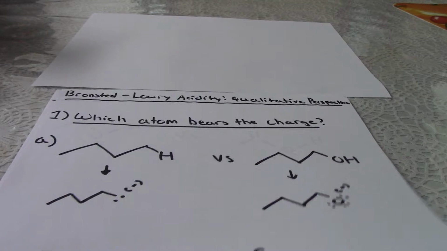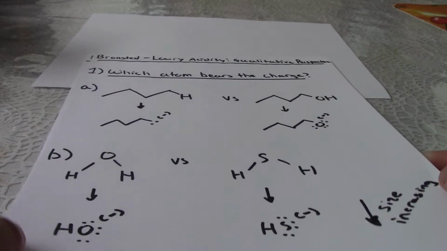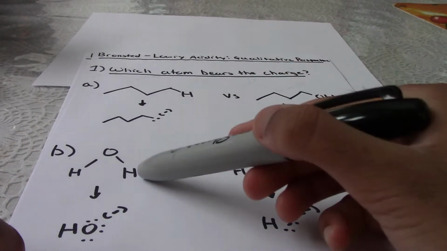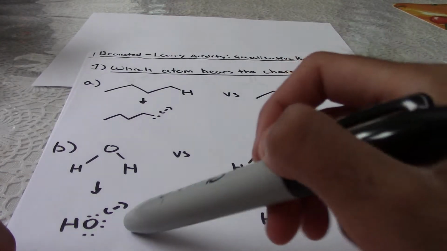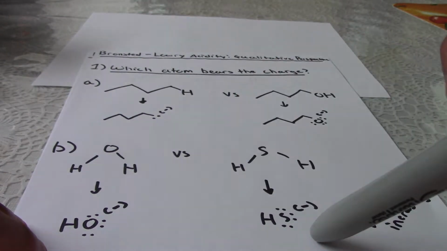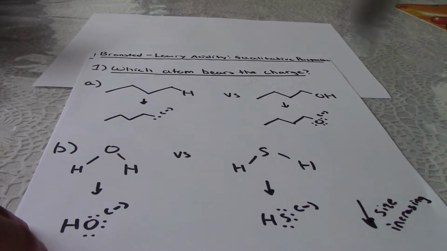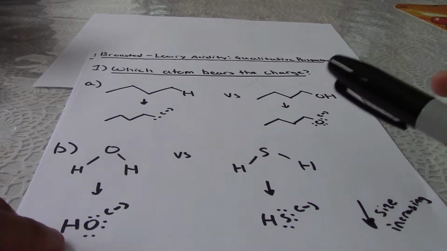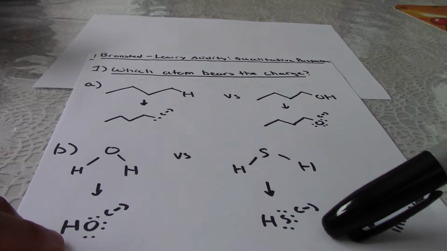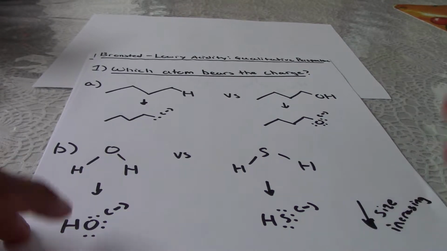But there is a slight modification to this rule. For example, if I looked at these two and did my deprotonation, I'd have the OH and the SH. What you would say is, well, since electronegativity increases as we go up a column, the oxygen is more electronegative than the sulfur, and therefore the oxygen wins and is more acidic. But that would be wrong.